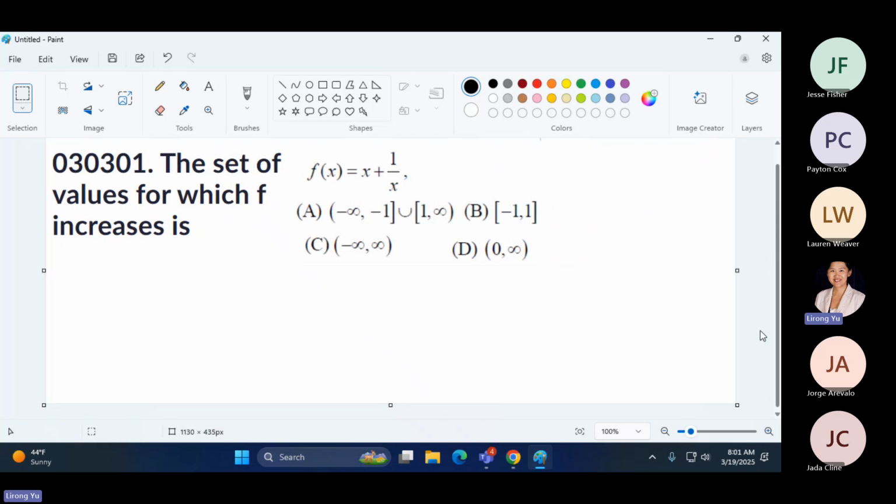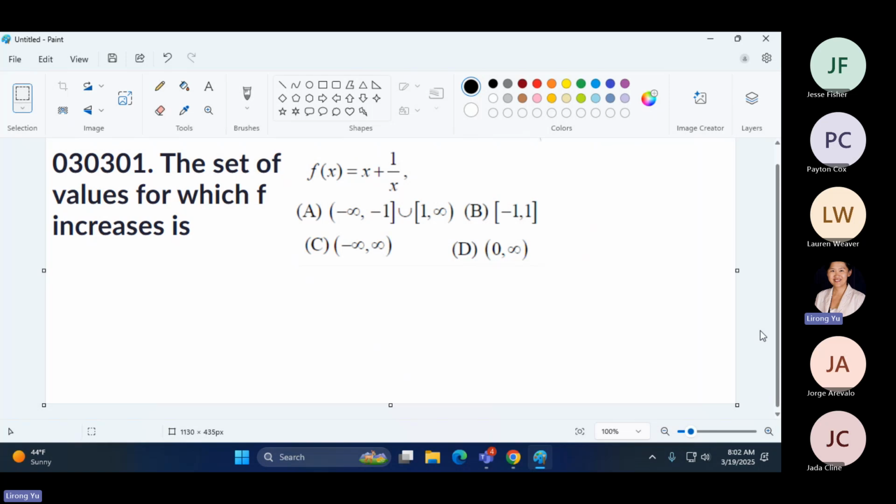Notice this function is different from the one we had yesterday. The example we had yesterday was a polynomial, and a polynomial is well defined on the entire number line, so the interval that we start with is negative infinity to positive infinity.